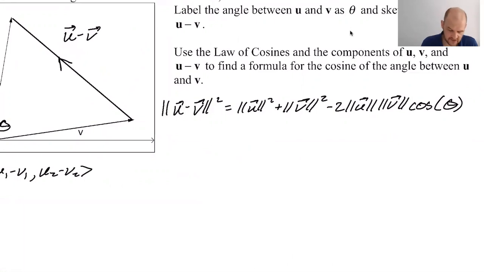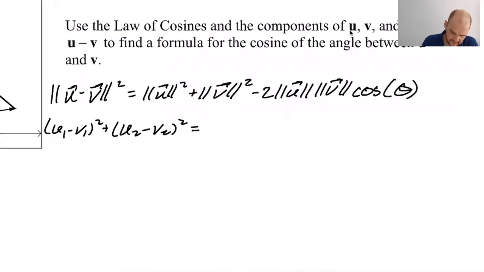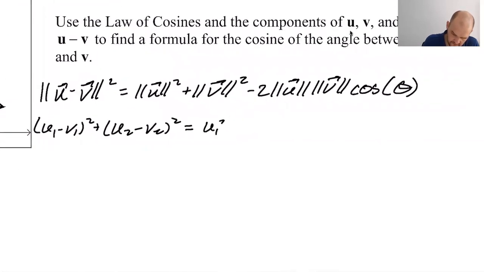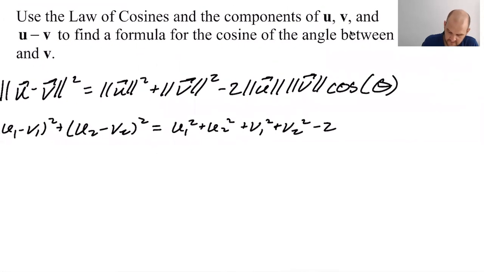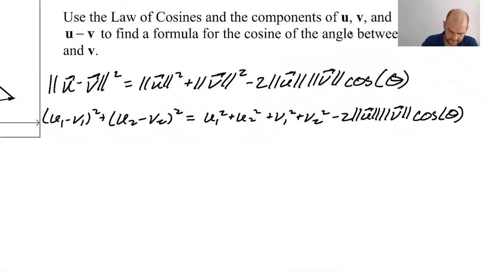And then I need to square that, so it's just going to end up u1 minus v1 squared plus u2 minus v2 squared, equals u1 squared plus u2 squared plus v1 squared plus v2 squared minus 2. Now, don't bother with these yet: magnitude u, magnitude v, cosine theta. Just leave those as they are.